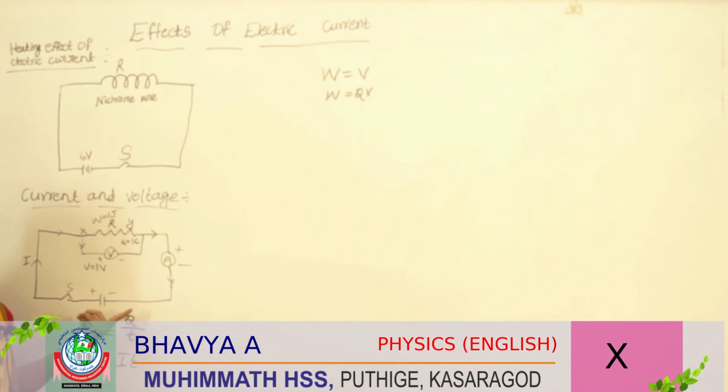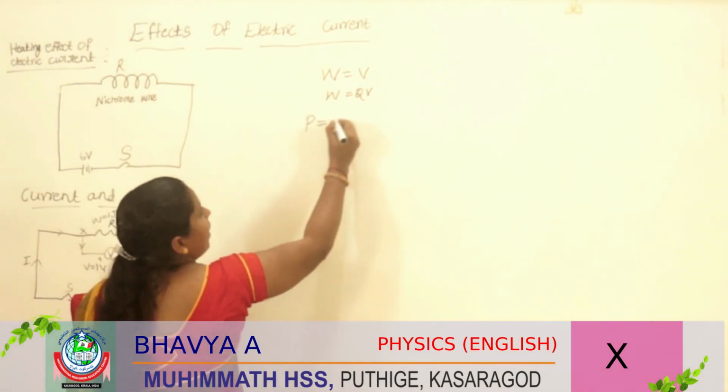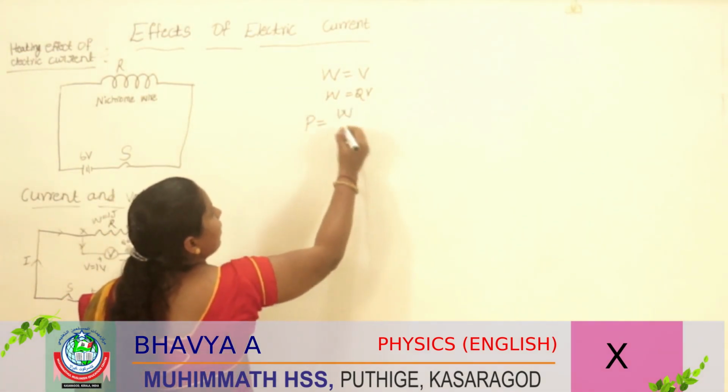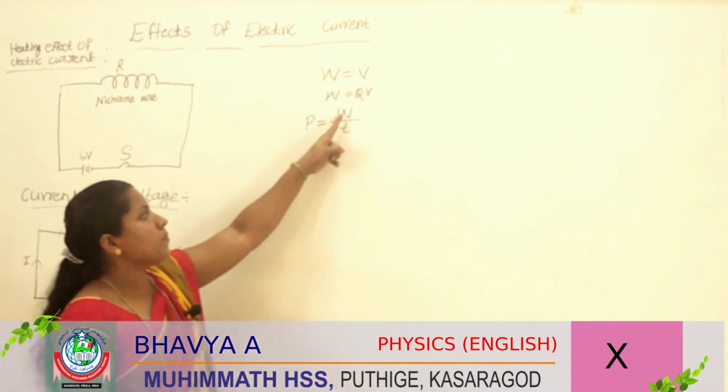Next, power supplied through this battery. Power supplied to this battery in T seconds. How can we write it? P is equal to W divided by T. W means what?